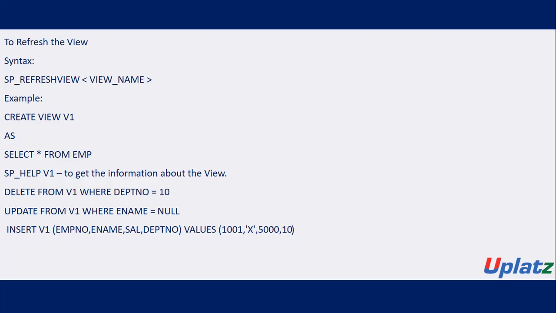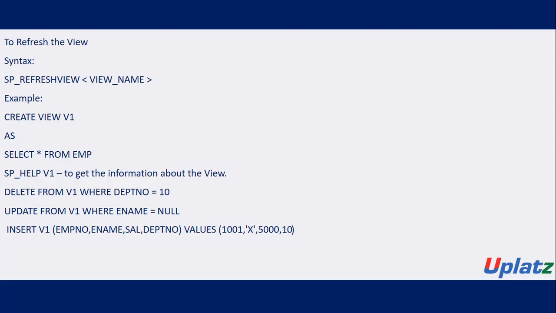And now, delete from v1 where department number is equal to 10. This is another example where we are deleting the records that are present in department number 10 with the help of the view v1.